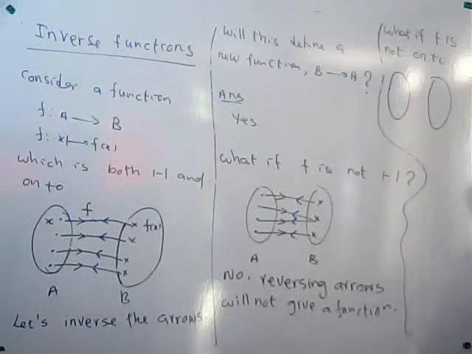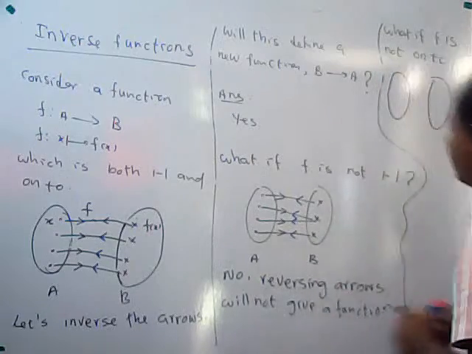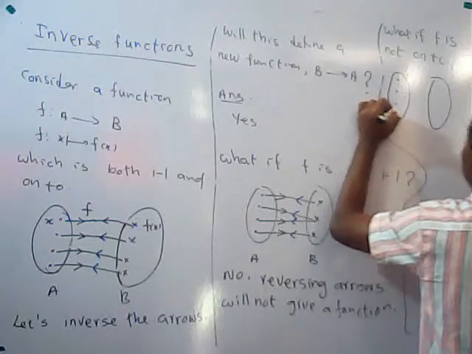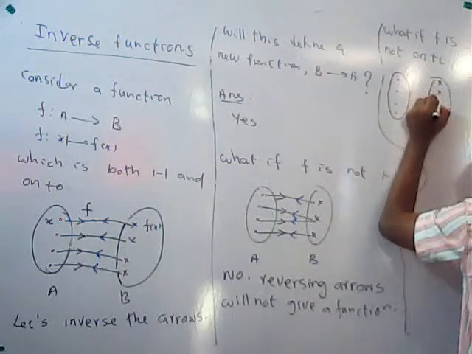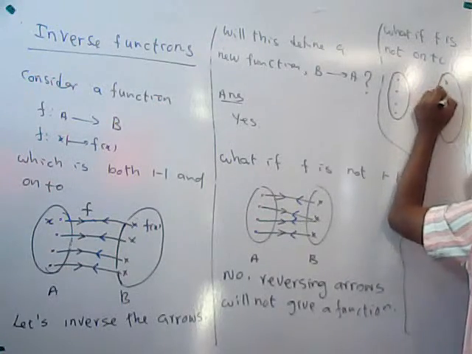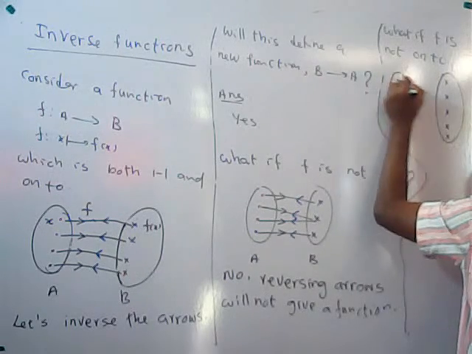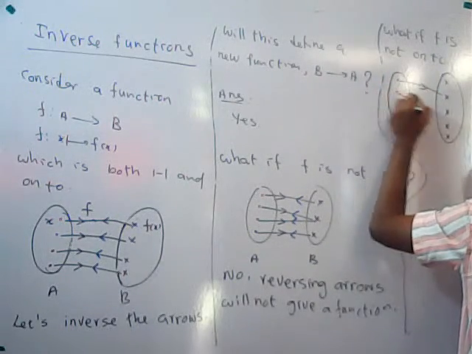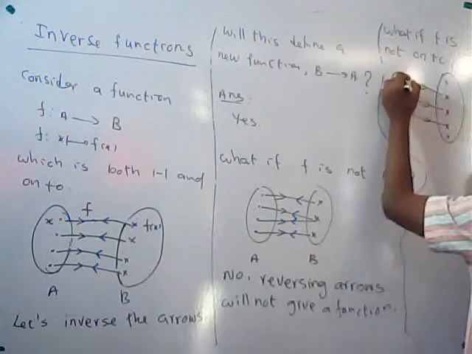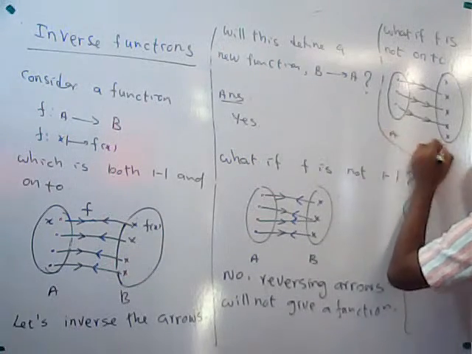Right. So what if the function is not onto? Reversing the arrows, will it define a new function back from B to A?